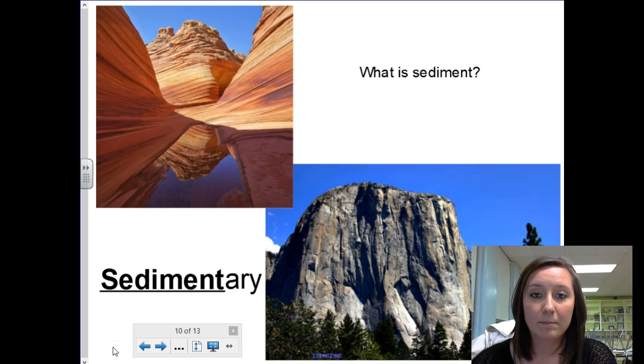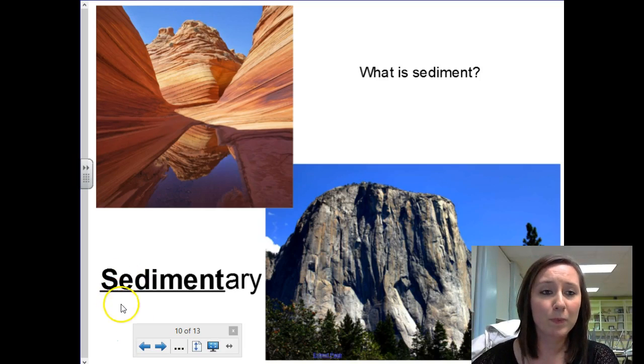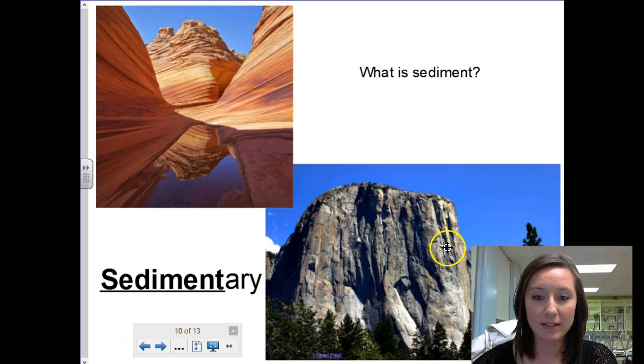If you're looking it up, you should see that sediment is just small solid pieces of material that come from rock or living things. So we have these huge rock formations right here. This is El Capitan. It's a huge igneous rock formation. And then this one over here is just some random sedimentary rock formation, probably somewhere out west in the United States.